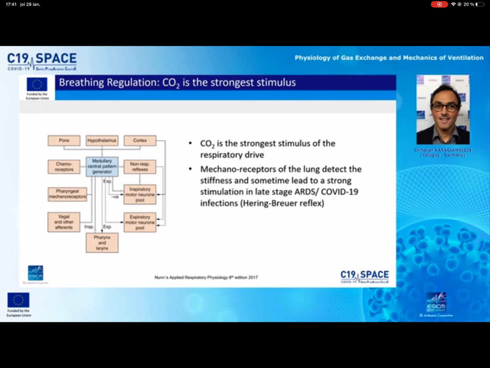And this usually occurs in these COVID-19 patients in the later stages if the lungs get stiff. This reflex is called the Hering-Breuer reflex and is one of the explanations why patients with COVID-19 in later stages have very high breathing frequencies, despite having a normal CO2 or even a CO2 below the normal level.